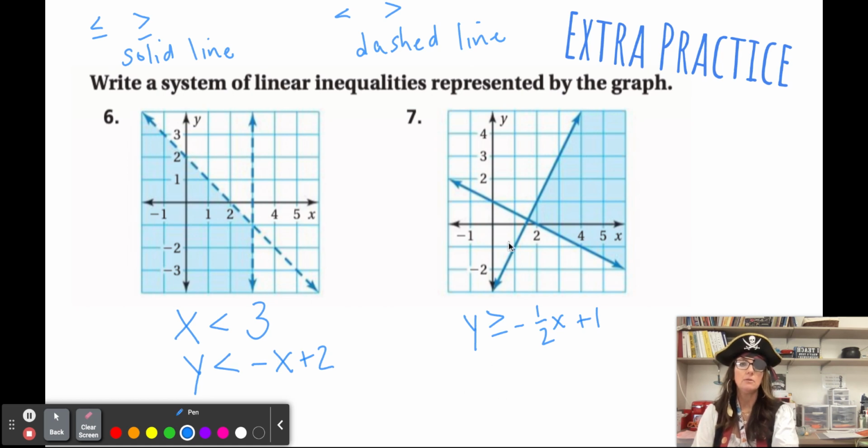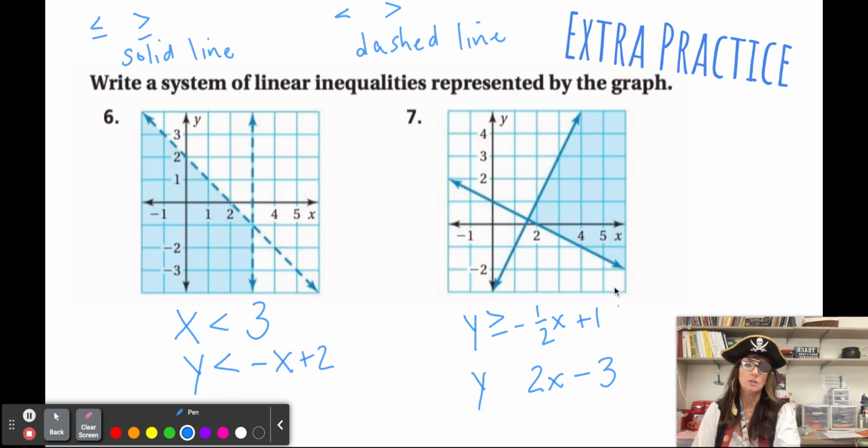Okay, next line right here. It looks like it's crossing at -3, and it has a slope of positive 2. So y equals 2x minus 3, because it crossed at -3. Okay, it looks like it's shaded to the left. So let's see. If we substitute in 0, is 0 greater than -3?